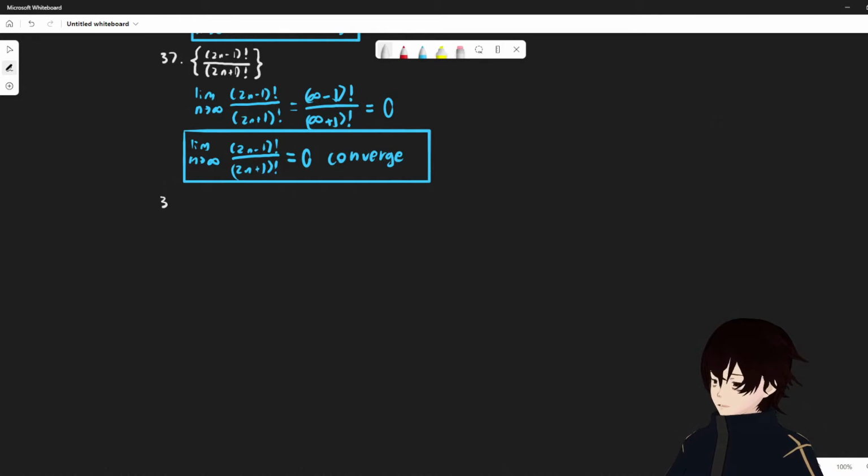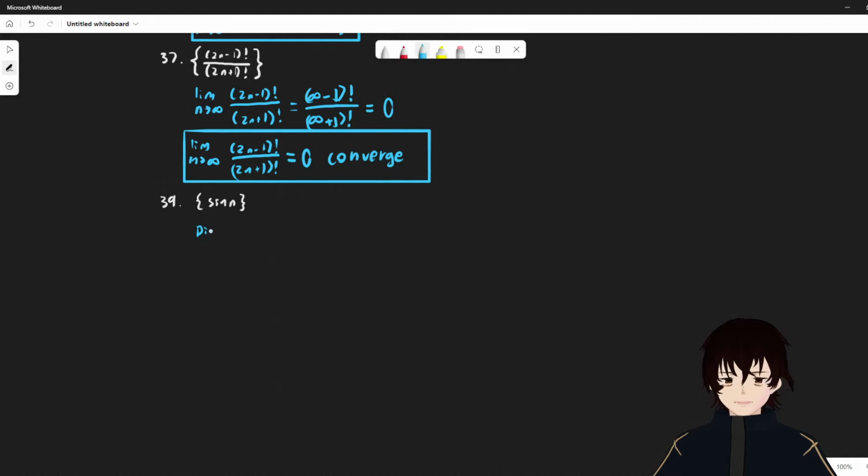Next up, 39. 39 has a sequence sine of n. Well, this one has to diverge. But how does it?